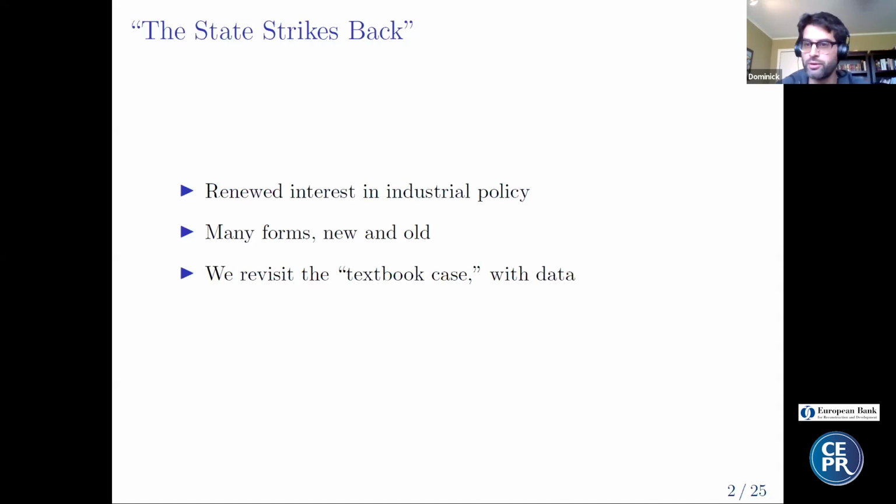So this is not a paper about everything you need to know about industrial policy. This is a paper about the textbook case for industrial policy, and the main innovation that we're bringing, I think, is that we're confronting this textbook case with the data and doing a quantitative analysis.